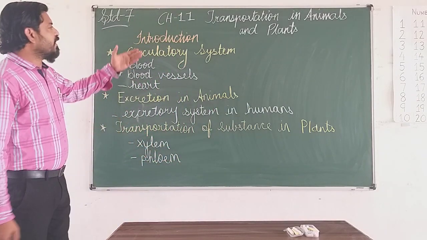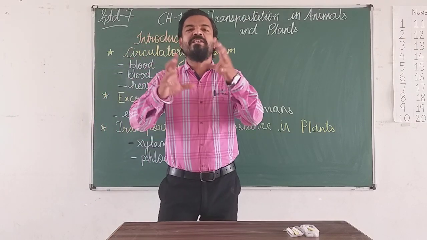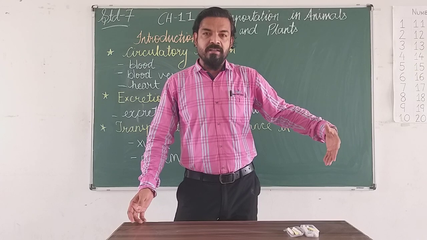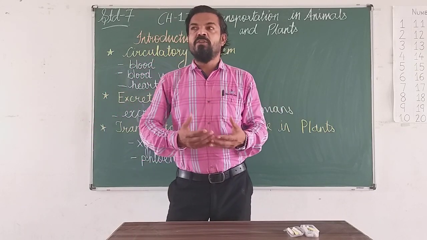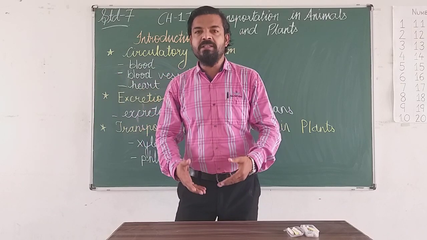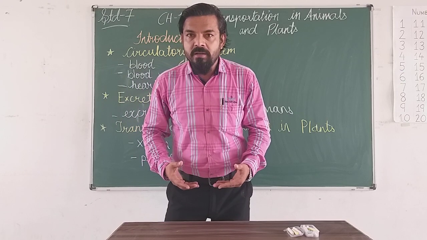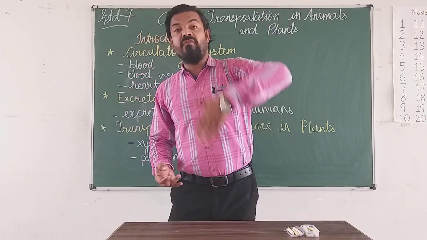Now, in this transportation, I say that there should be a system. Suppose I move the chalk, that is systematic. Similarly, you will use a bicycle to go somewhere, that might be systematic. What is systematic? That means you are using the road. Suppose you go by air, that means you are using a flight.